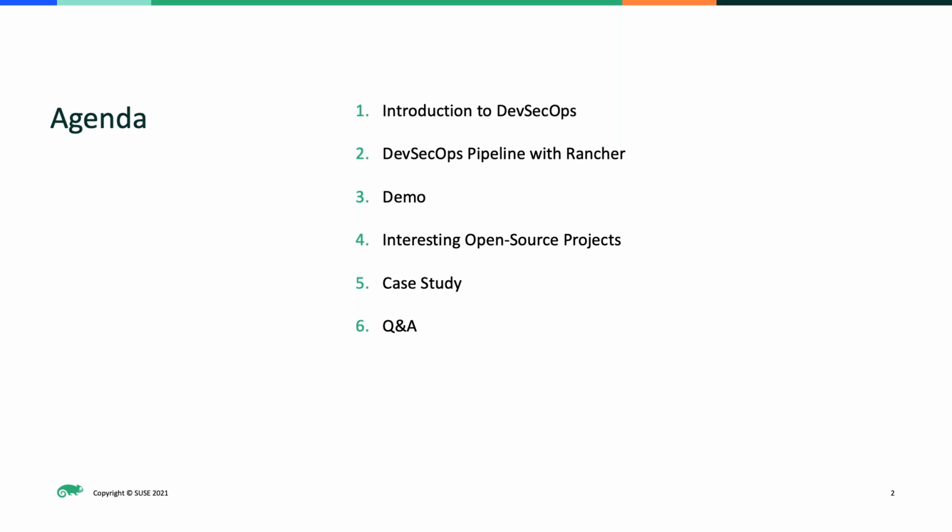Followed by that, we have a live demonstration going through how we build out such a process. Then we will introduce some interesting open source projects that can work well together with this DevSecOps pipeline. We'll also share a real life case study about running DevSecOps with Rancher in one of the customers that we are working with. And lastly, we will handle the Q&A. So this is all about today's agenda.